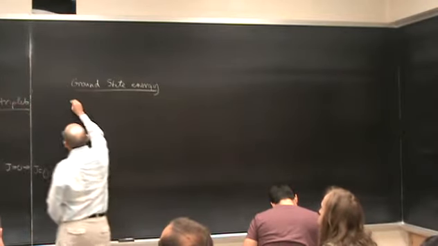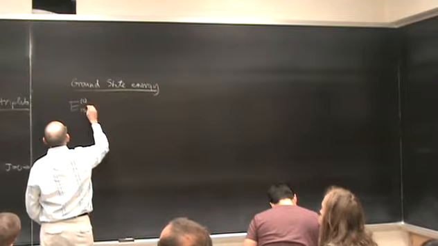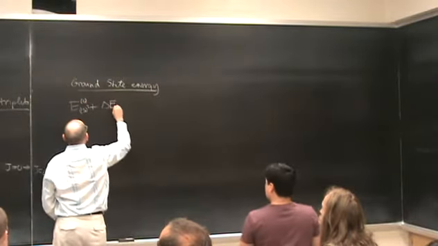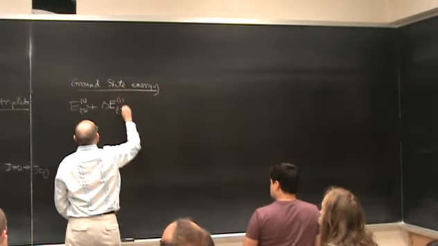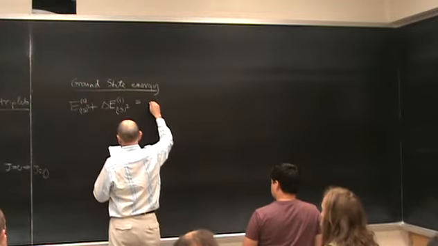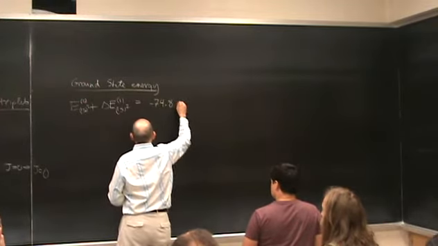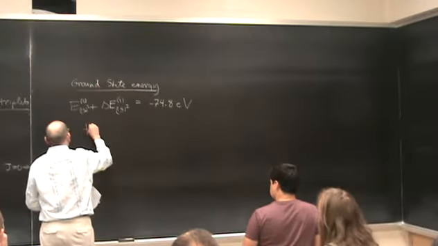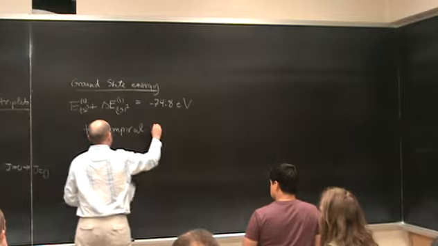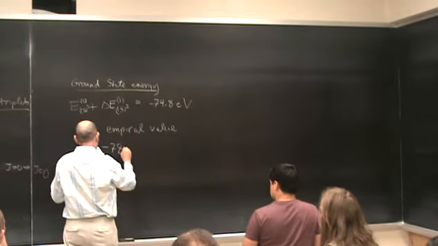If we do this calculation, and it's a boring calculation, I'm not going to do it, we get minus 74.8 eV. Okay? The empirical measure is minus 78.